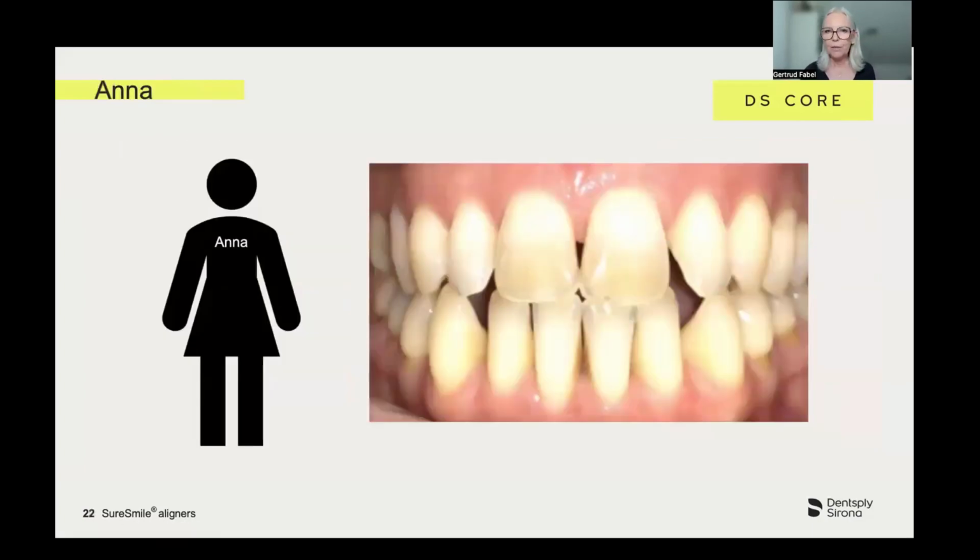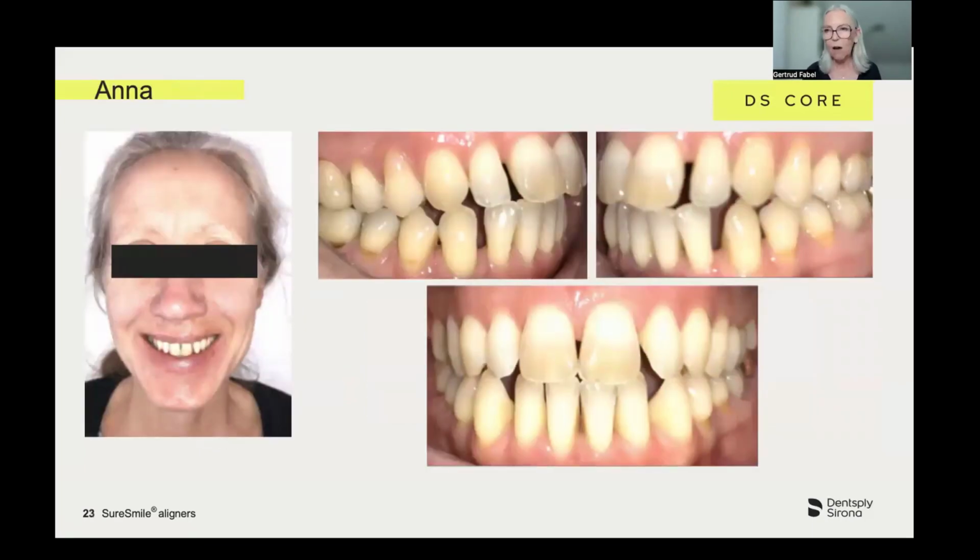Our next patient, she was very clear as well, Anna. She's about 60 years old, and very bothered about her gaps in the anterior region. One of the reasons for her unconventional tooth position is the strong tongue that habitually presses against the front teeth when she speaks.